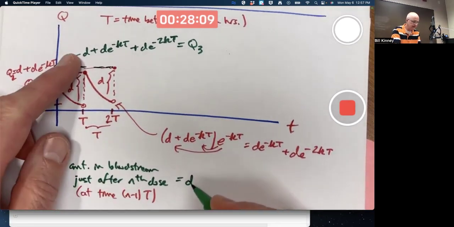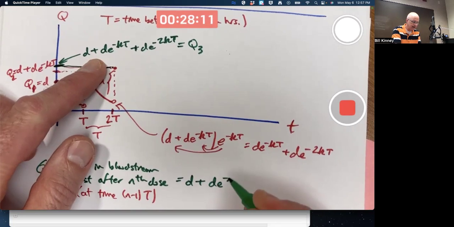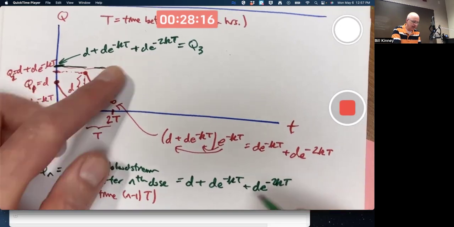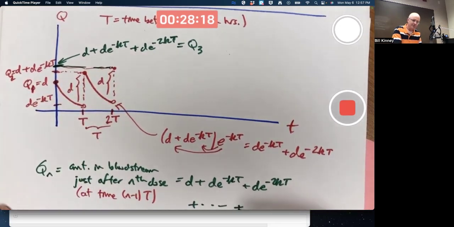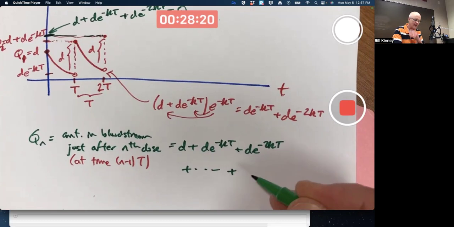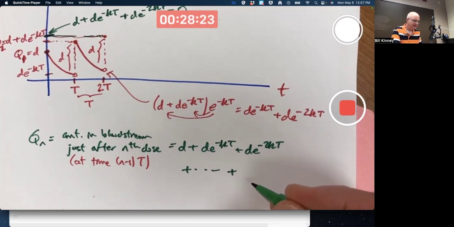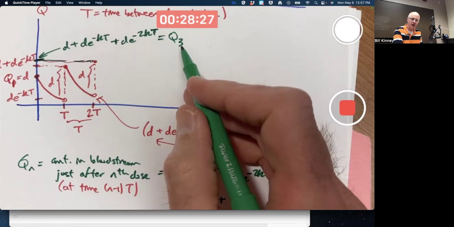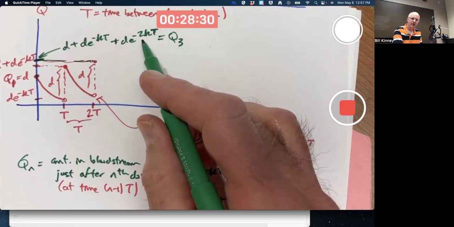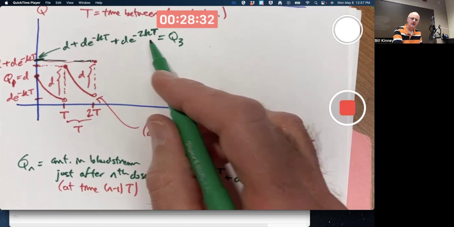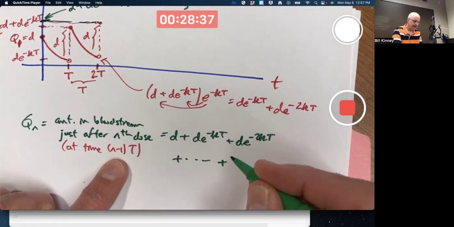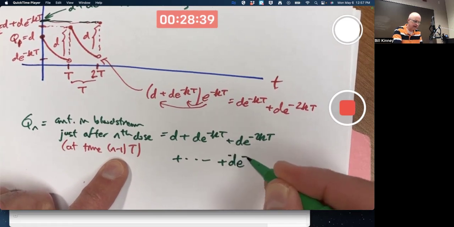It's going to be D plus D e to the negative KT plus D e to the negative 2KT plus dot, dot, dot. The last one's going to be what? The third dose, the coefficient of K was negative 2. So here at the nth dose, the coefficient has got to be the negative of this. This is going to be D e to the negative (n minus 1) KT.